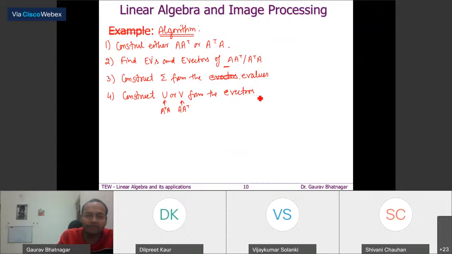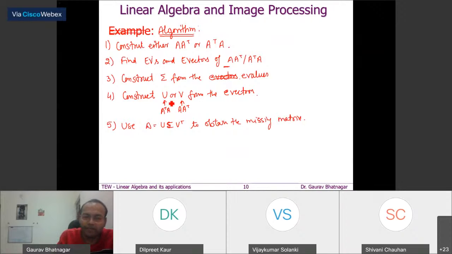As long as you have this, the fifth step says use the relation A equals u sigma v transpose to obtain the missing matrix.